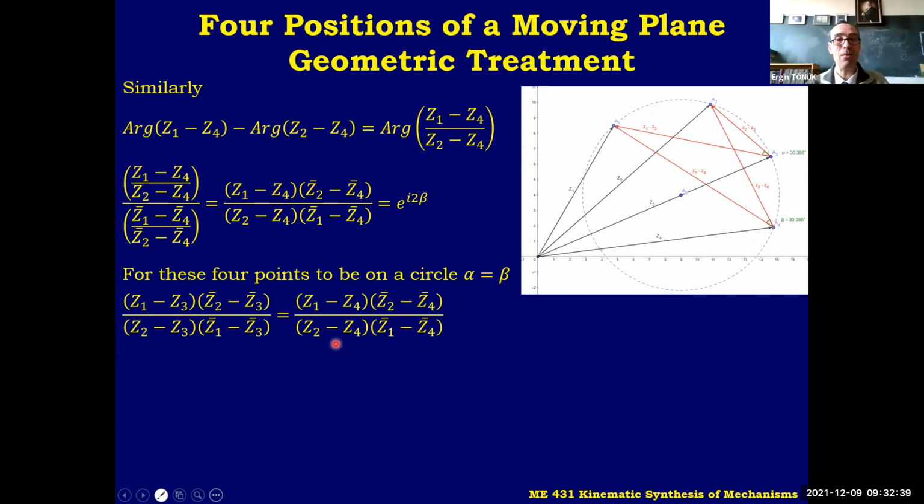So what this relation says is you should select the homologous points such that its 4 positions should satisfy this complex equation. Remember, for 3 positions, we don't have any restriction. We could select any point. Its 3 homologous positions were defining a unique circle, no trouble.